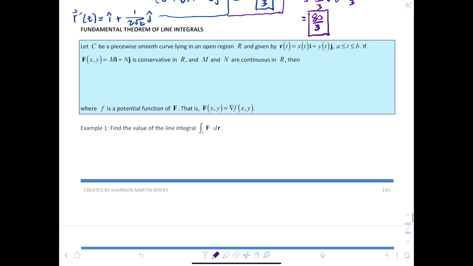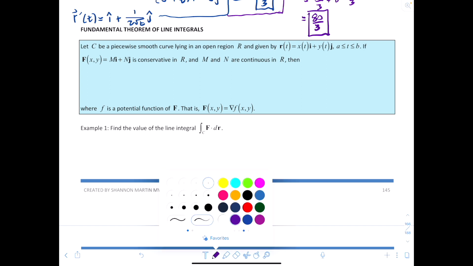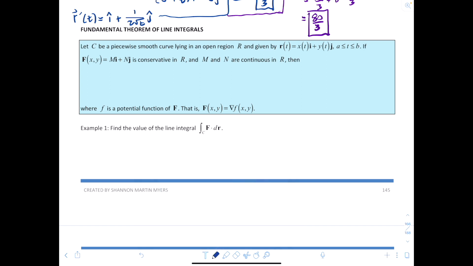All right, let's go to the fundamental theorem of line integrals. Let C be a piecewise smooth curve lying in an open region R and given by r of t equals x of t times i plus y of t times j, where t is between a and b inclusive.